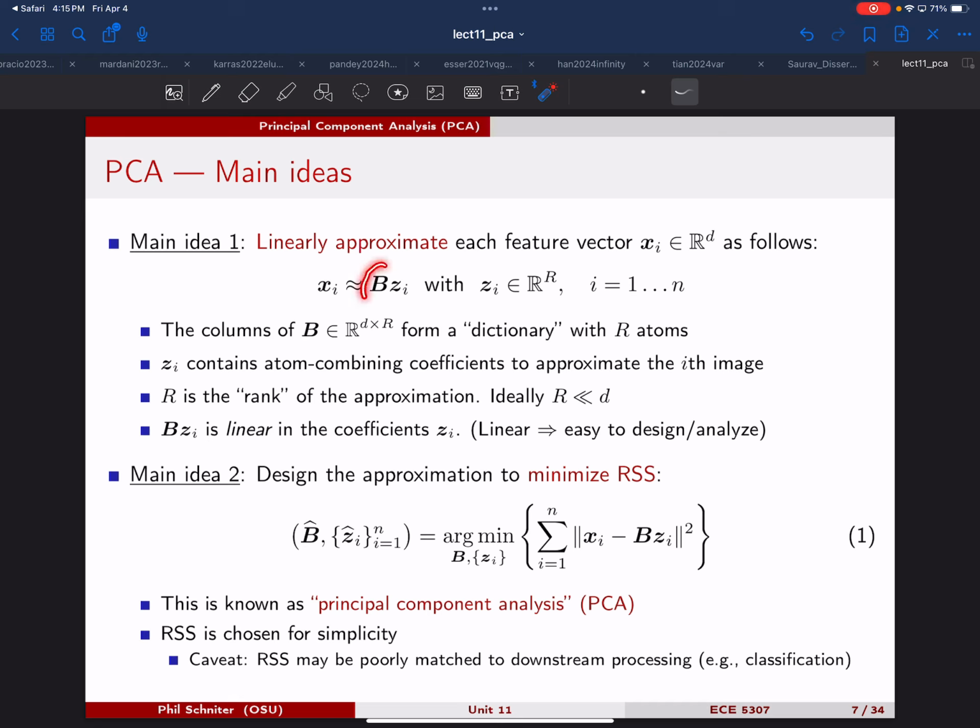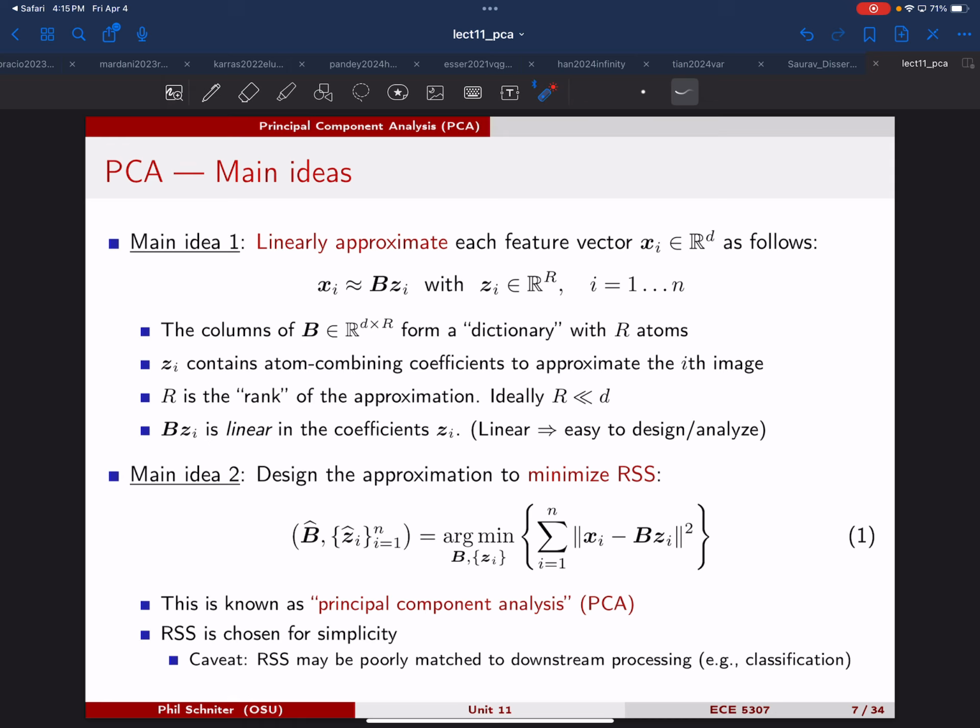Whereas this B matrix, you can see, is the same throughout the whole data set. So we can think of B as a dictionary. Its columns are like some atoms that we can linearly combine using the coefficients in zi to get our approximation of xi.